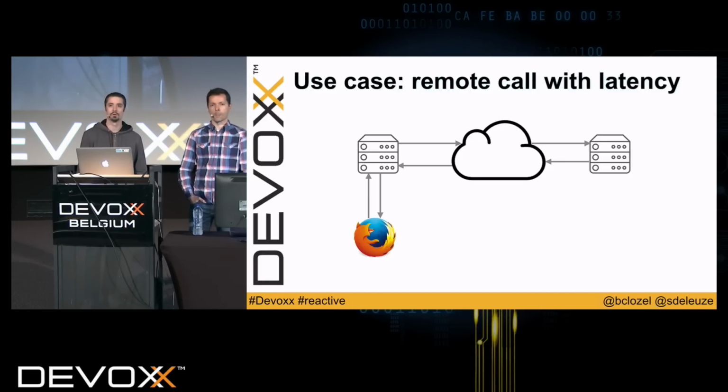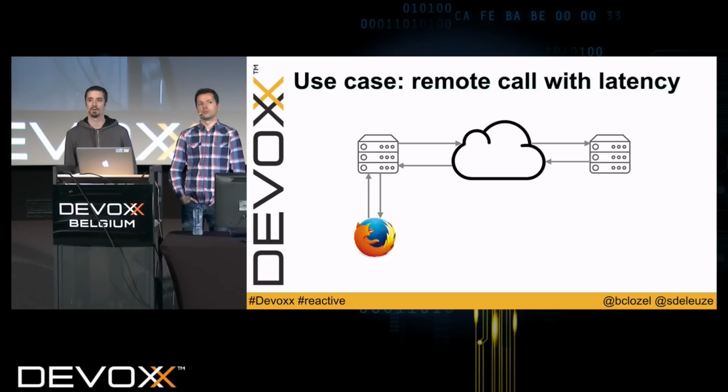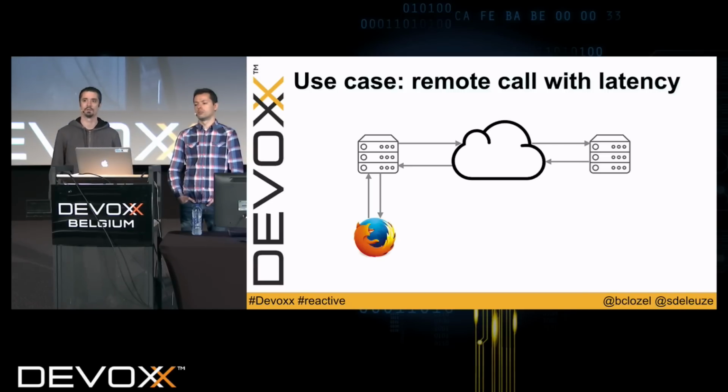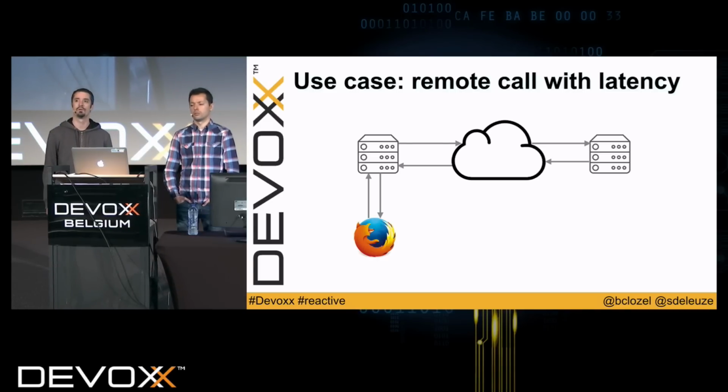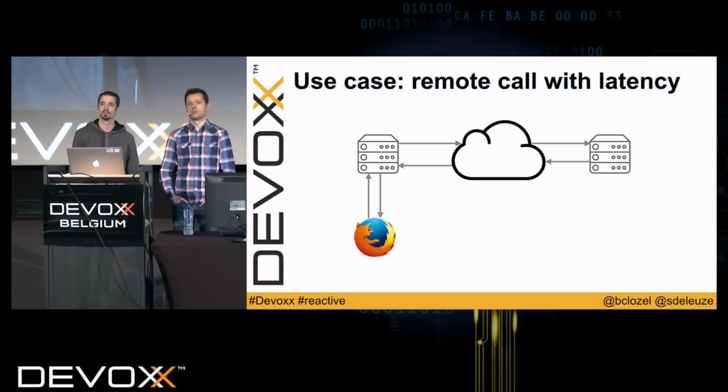So I'm going to show a few use cases where reactive APIs and reactive applications really shine. The first one is a quite classical one. You are implementing a web application, and you need to request a remote REST web service, and you don't control the quality of service of these remote web services, that, for example, one at your customer data center, and you have to wait 1, 2, 3, 4 seconds before getting the response, and you can't cache that call.